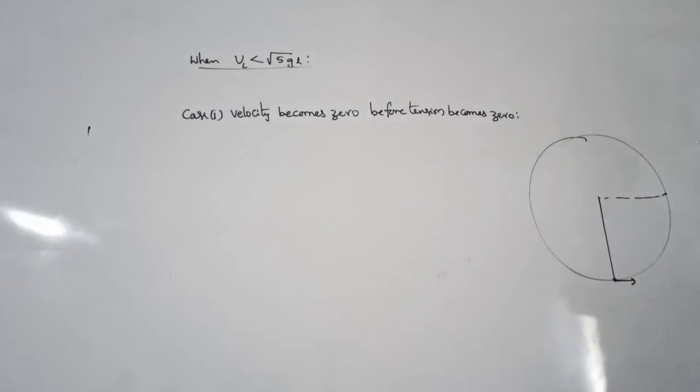What is the velocity required at the lowest point such that the string just becomes horizontal? No, if root 3GL is there, it can complete the vertical circle. If root 3GL is there here, then the velocity here will be root 5GL, so it can complete the vertical circle.